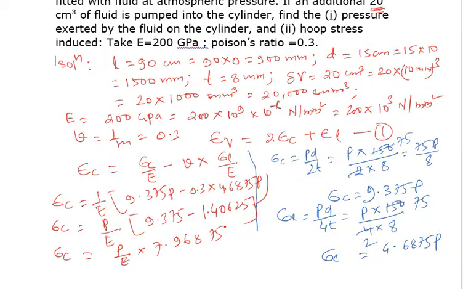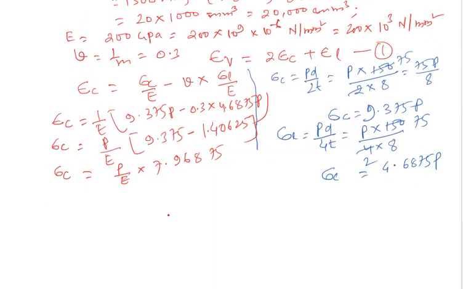So we obtained the value of sigma C. Now let's calculate. No, this is epsilon C, this is not sigma C, sorry, epsilon C, this is epsilon C.